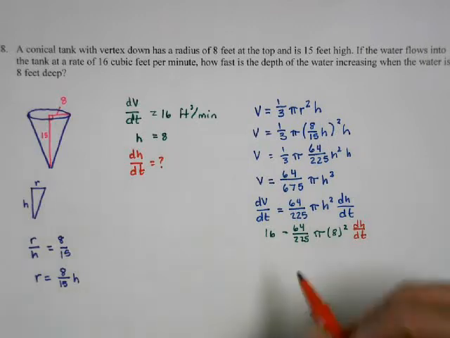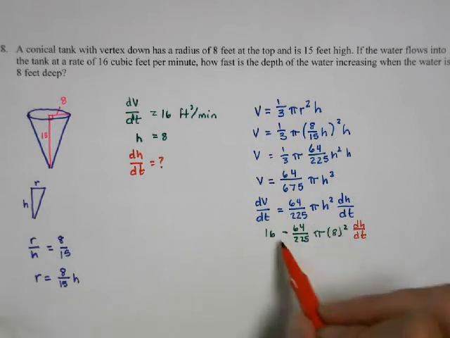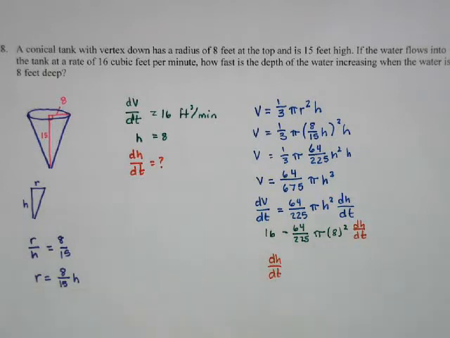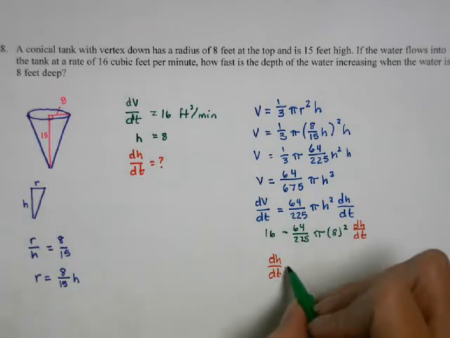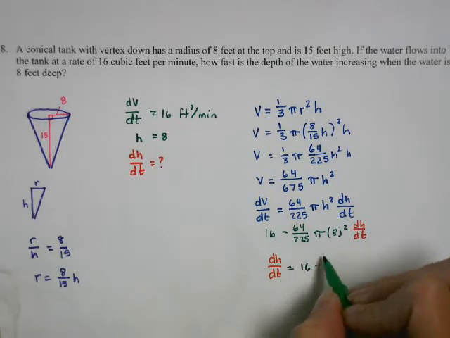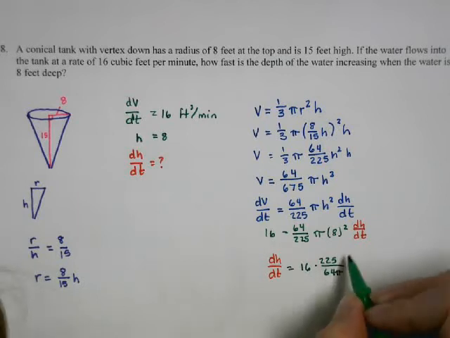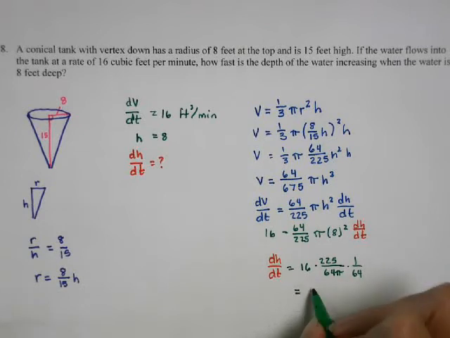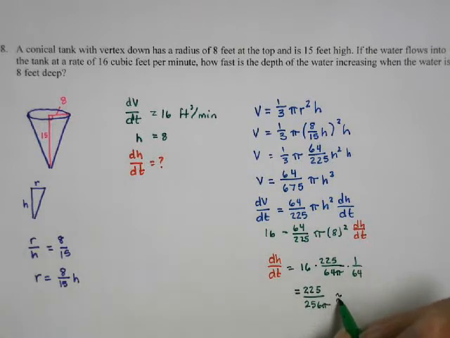So dh/dt is going to equal 16 times 225 over 64 pi, however you want to write that, which if you simplify this is going to be 225 over 256 pi, or if you wanted just an approximation, that would be 0.280 feet per minute. And that's what our dh/dt is equal to.